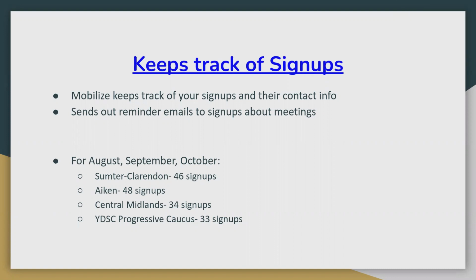I have a quick question. For Mobilize, as me being chair, am I the one that has to set it up, or could my vice chair do it if I wasn't going to be able to make it to the meeting? Your vice chair can do it.